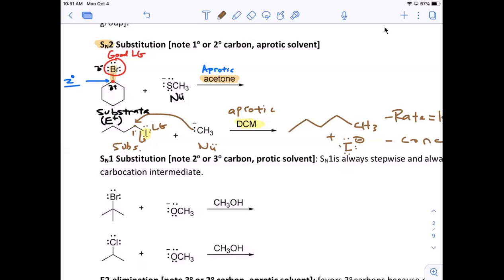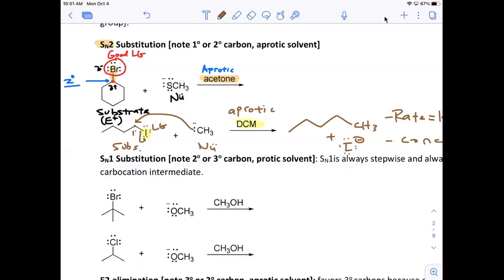But really what you're going to find out is that the more we look at this, there are some similarities you can pick up on right away between the bimolecular mechanisms like E2 and SN2, and some similarities between E1 and SN1.